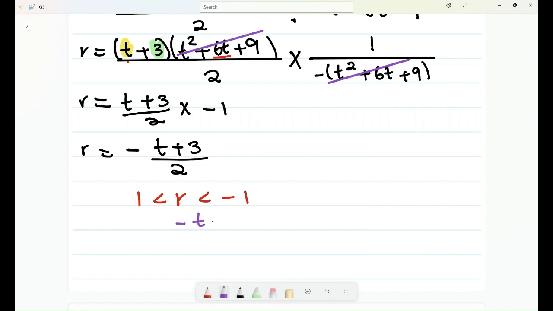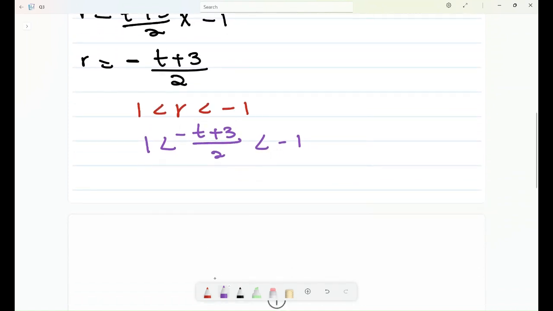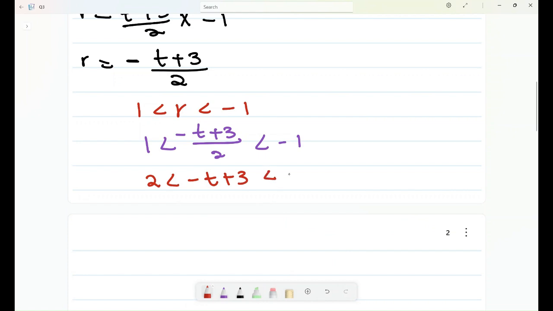R is negative t plus 3 divided by 2, greater than -1 and less than 1. All right. Then what I'm going to do first, I'm going to multiply both sides by 2. When I multiply both sides by 2, I get 2 less than negative t plus 3 less than negative 2. Alright?